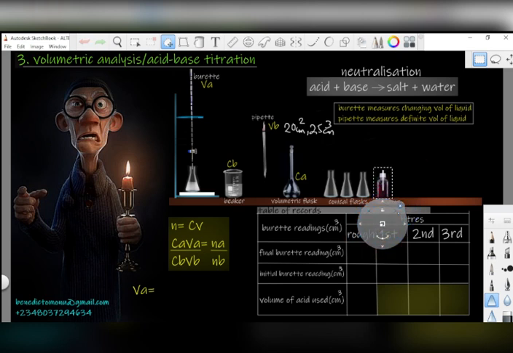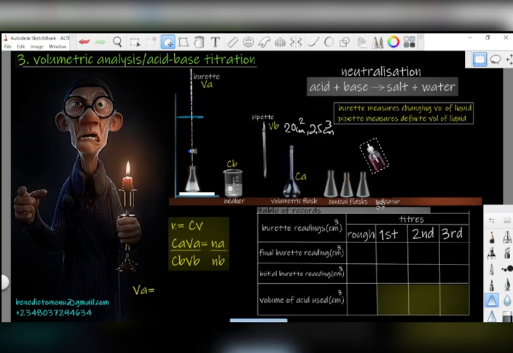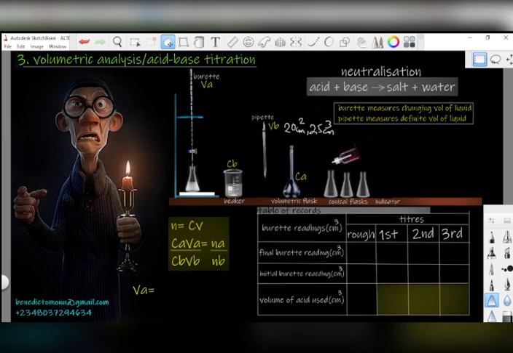What I said here was once you have collected your base, you would now add some indicator in drops to your base. Now you have your base in here, collected with a pipette. The indicator will have a particular color in the base. Then you transfer that here and do a titration by running the acid you have in the burette into it.